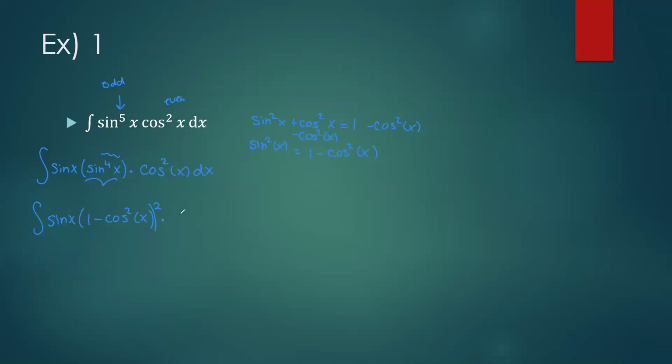And then bring down the cosine squared x dx. Let's see, what should I do? I'm going to rearrange this for a bit. I'm going to put the 1 minus cosine squared x raised to the second power first.